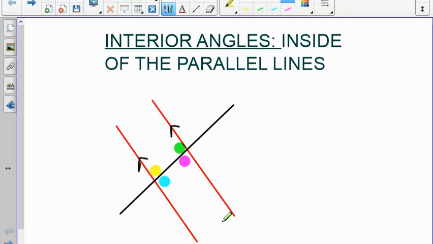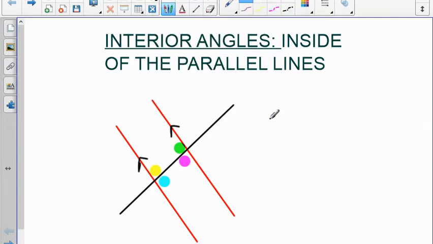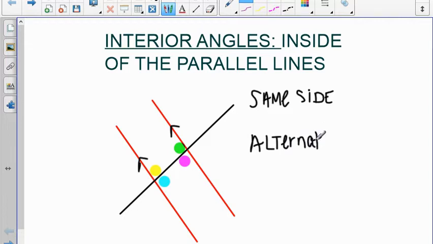So today, we're going to talk about 2 different types of problems that come from interior angles. There's something called same side interior, and then there's something called alternate interior. Okay?